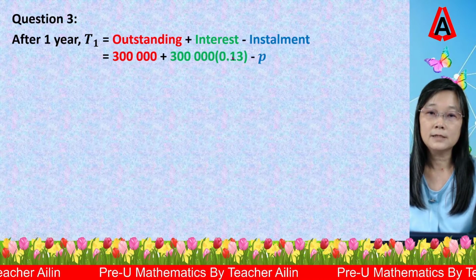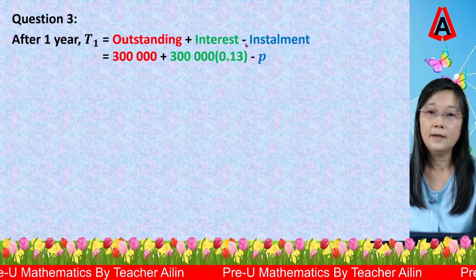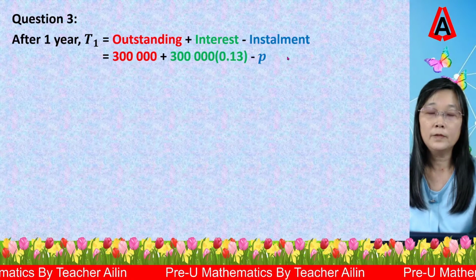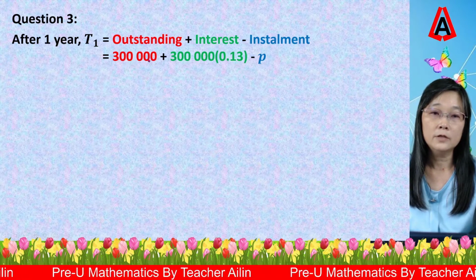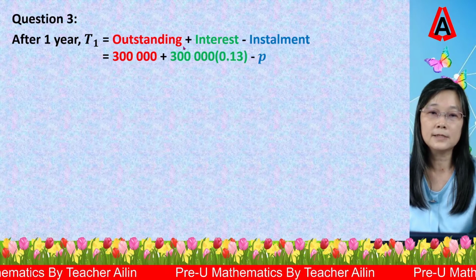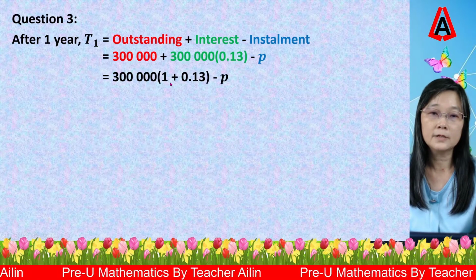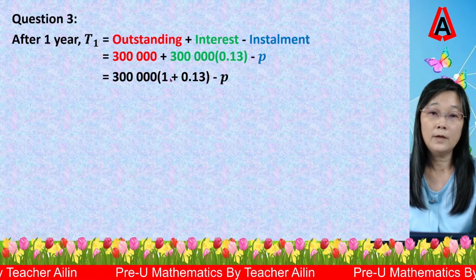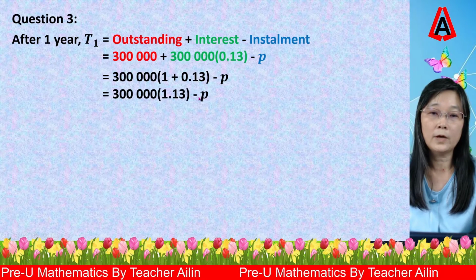The interest is based on the 300,000 minus the installment paid by City. So now we are going to do the factorization. So this 300,000 is the same amount of money. So when we take out 300,000, here we have 1 plus 0.13, then we get 1.13.